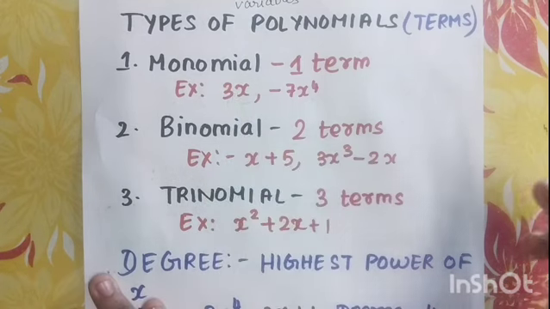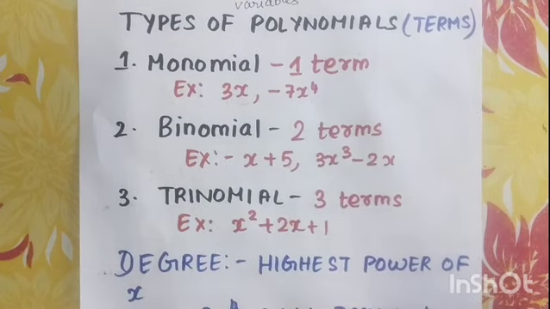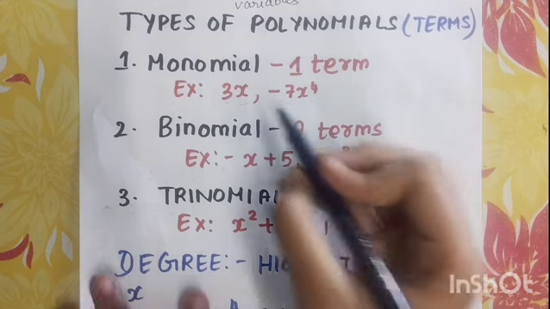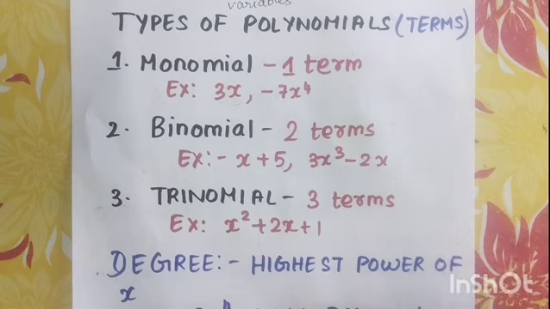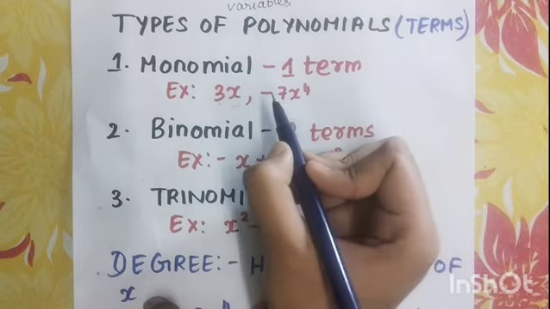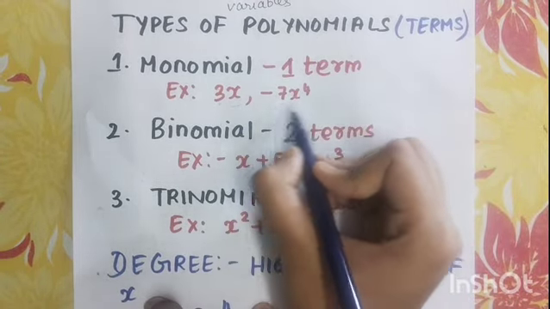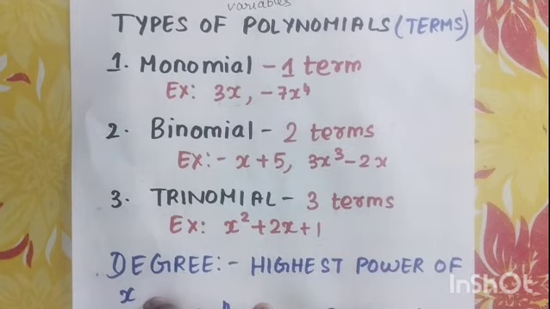I have already mentioned that when we look at terms, the operations are only subtraction and addition. Here we don't have any subtraction or addition but only multiplication, so it is not considered in terms. So I can say that it is a monomial, and this is also a monomial, since it has only one term.